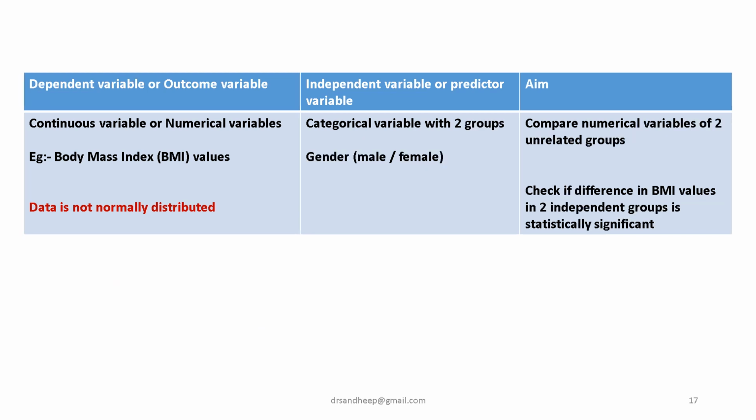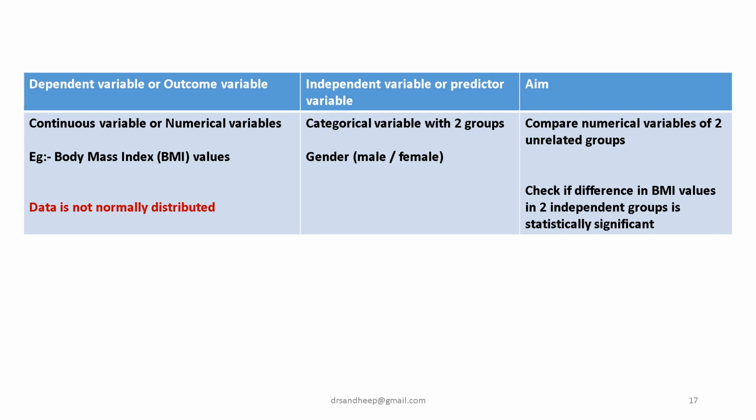Next scenario, the dependent variable is a continuous or numerical variable such as body mass index values and the data is not normally distributed. The independent variable or predictor variable is a categorical variable with two groups or two categories like gender, male and female. They are independent categories, right? Compare the numerical variable of two unrelated groups.